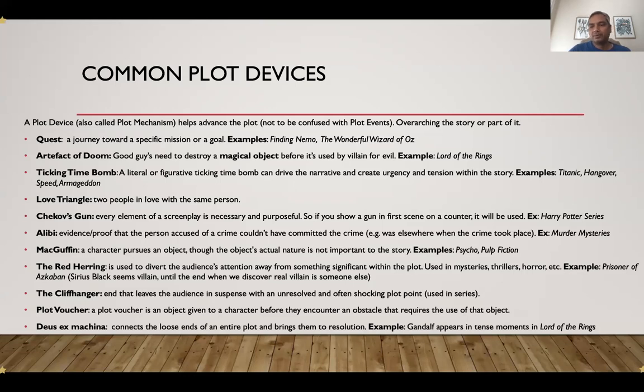A very good example is Hangover, right? Where these guys have, it's a comedy movie. These guys have to find Doug before his wedding, right? So imagine that kind of ticking time bomb setting. Then Titanic, it's not really about a clock running and everybody has to do something by 5 p.m. But it's about people getting frozen if something doesn't happen in a certain time frame.